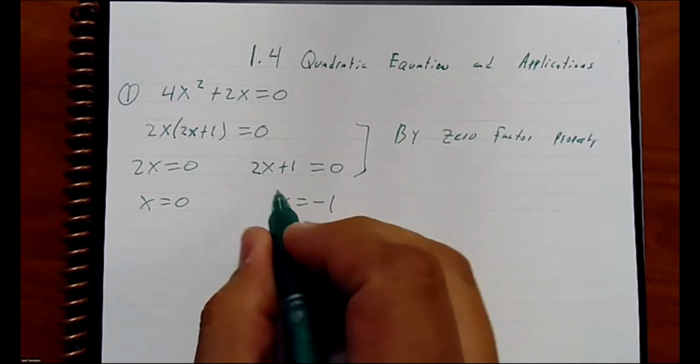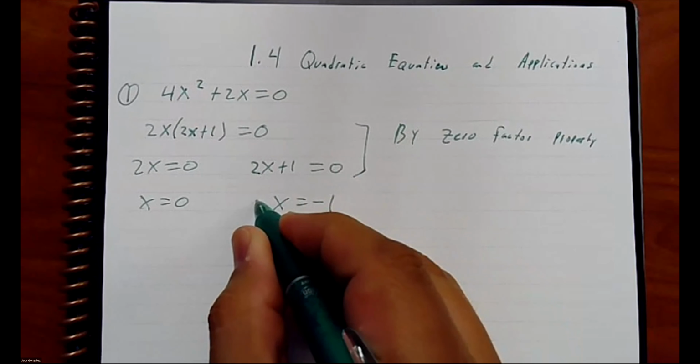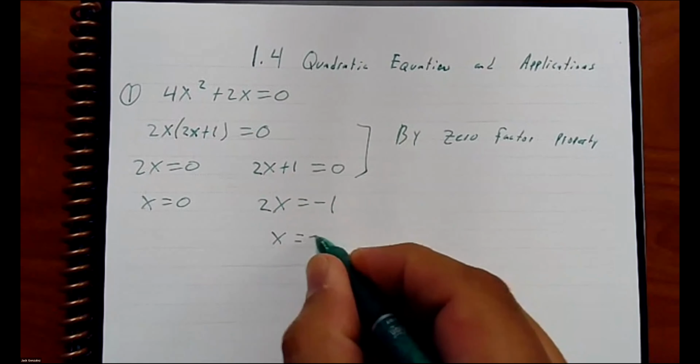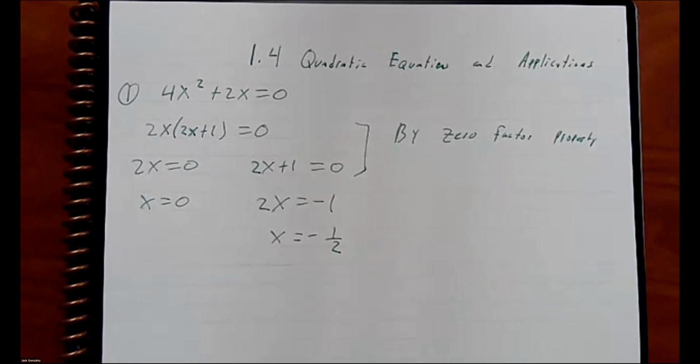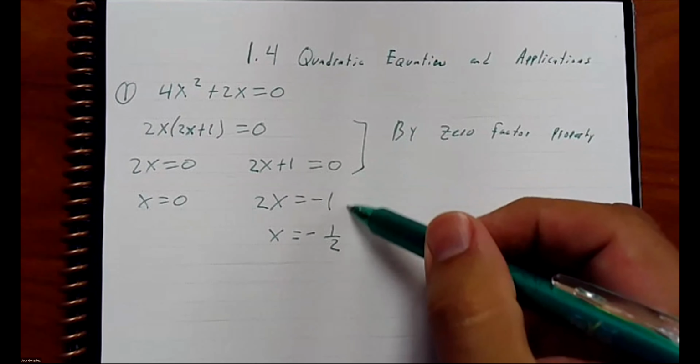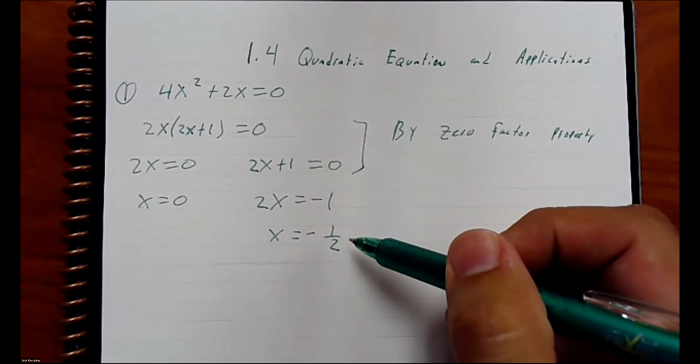Okay, so then you would subtract 1, divide by 2, and get to here. These algebra steps okay, or do you want more details? Does it make sense?